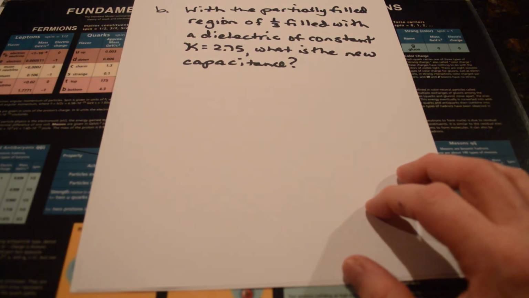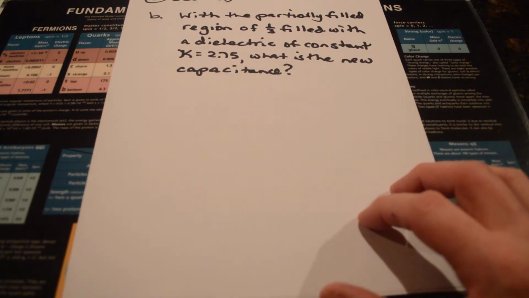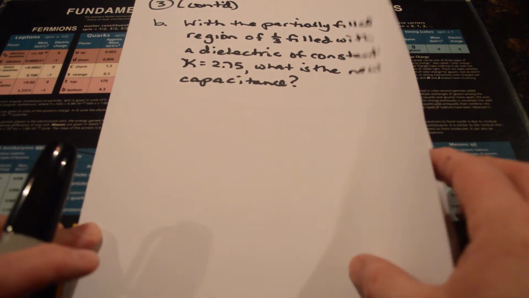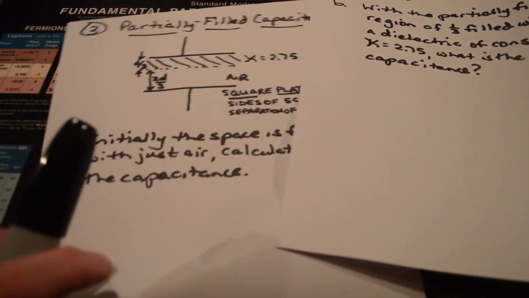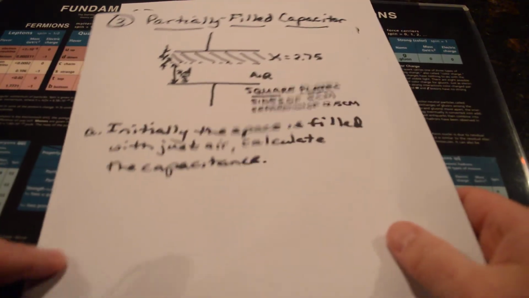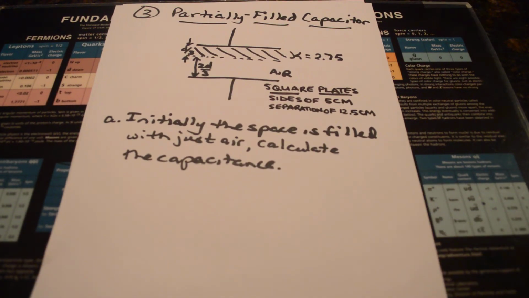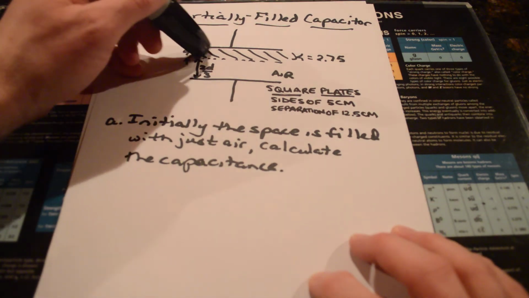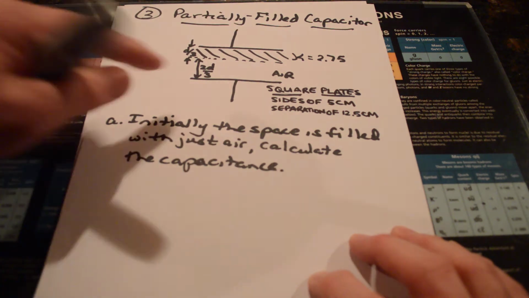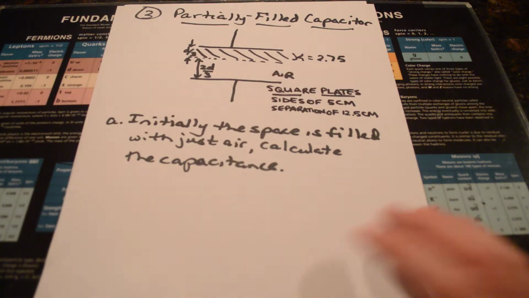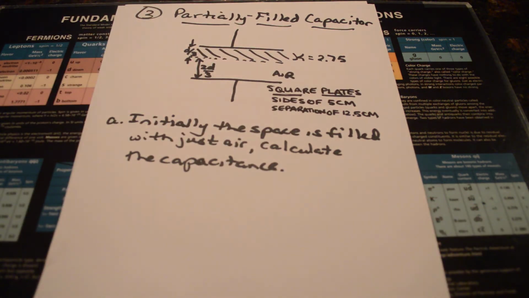Now the partially filled capacitor, the last problem. We're going to move past the cylindrical capacitor and look at this partially filled one. A third of the space is filled with a dielectric with constant 2.75, and the other part has just air in it.